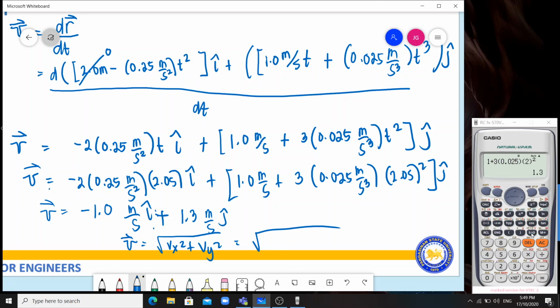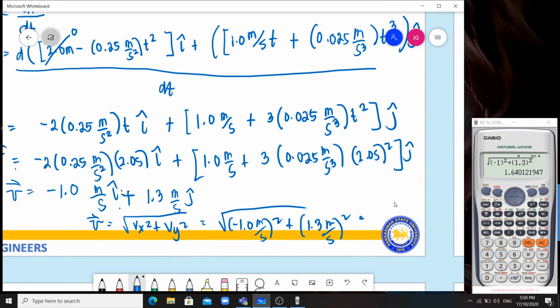So, the square root of negative 1.0 meter per second squared plus 1.3 meter per second squared. So, its magnitude is negative 1 squared plus 1.3 squared, that is 1.6. It has an instantaneous velocity magnitude of 1.6 meters per second.